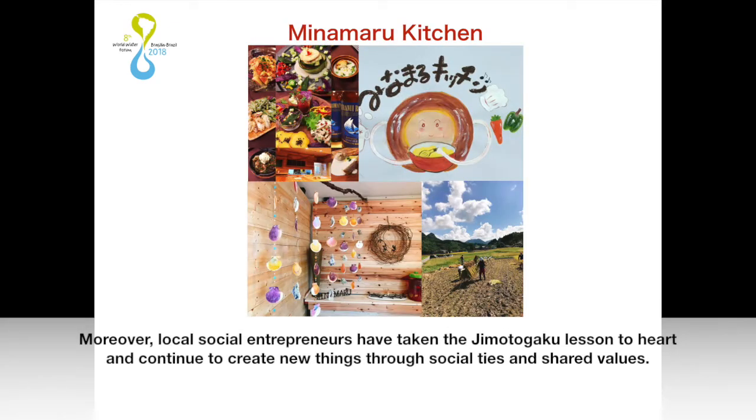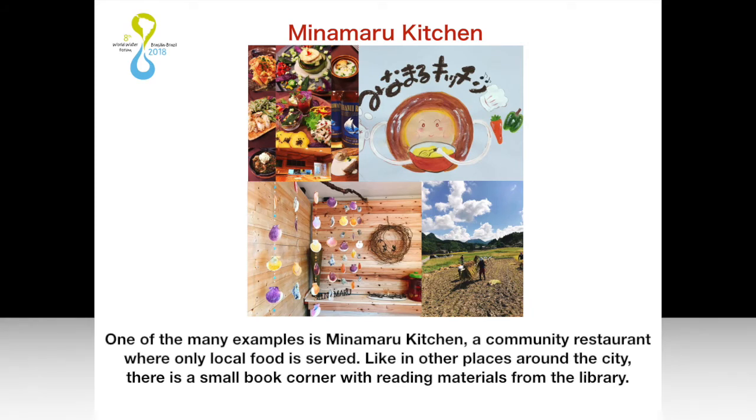Moreover, local social entrepreneurs have taken the Jimotogaku lesson to heart and continue to create new things through social ties and shared values. One of the many examples is Minamu Kitchen, a community restaurant where only local food is served.